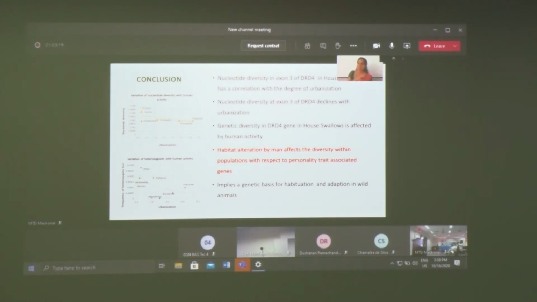We can say that the genetic diversity in the DRD4 gene of house swallows is affected by human activity, meaning that habitat alteration and landscape change by man affects the diversity within populations with respect to personality traits associated genes at a molecular level. This also implies the genetic basis for habituation and adaptation in wild animals.